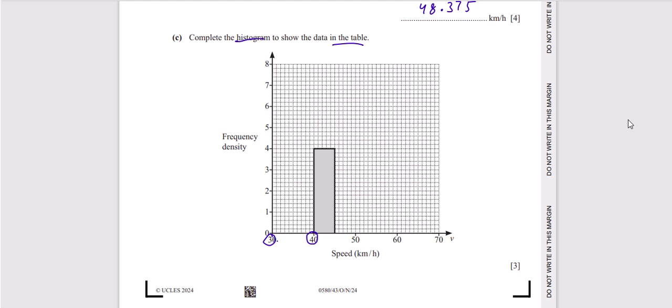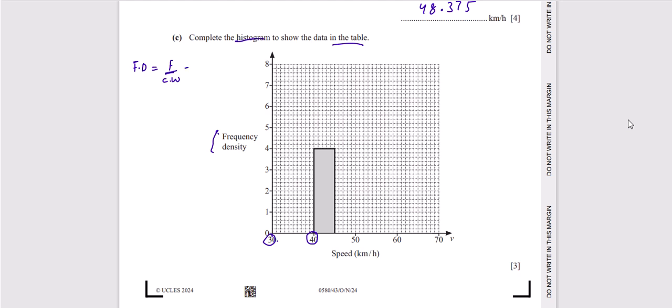So first of all, we calculate the frequency distance or frequency density. The formula of frequency density is FD is equal to frequency divided with class width.